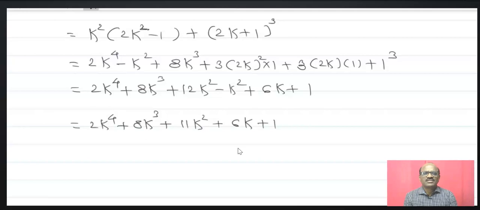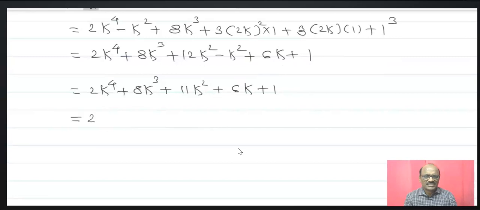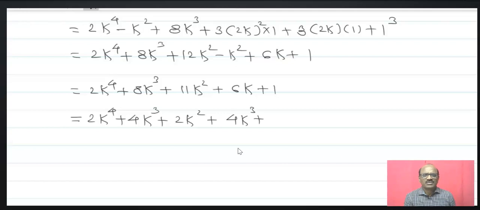Now we want the result that is equal to the RHS. That is 2k raised to 4 can be written as 4k cube plus 2k square plus 4k cube. Now this is only the adjustment of the terms here according to the RHS.